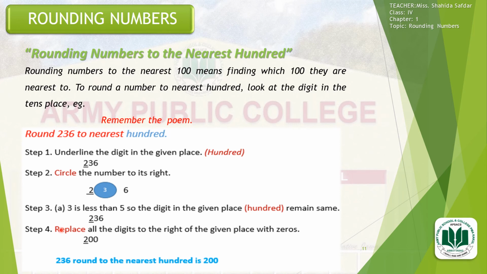And in step 4, all the digits to the right of the underlined digit will be replaced by zeros. That is, 236 will be equal to 200. Our required answer is: 236 rounded to the nearest hundred is 200.